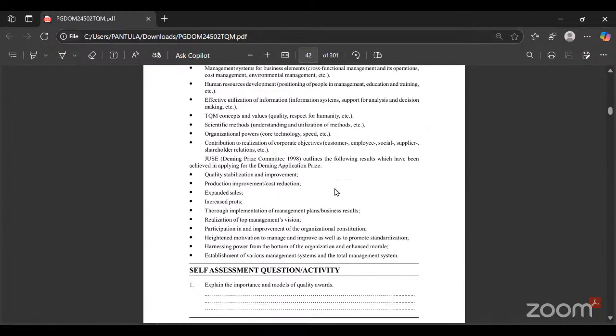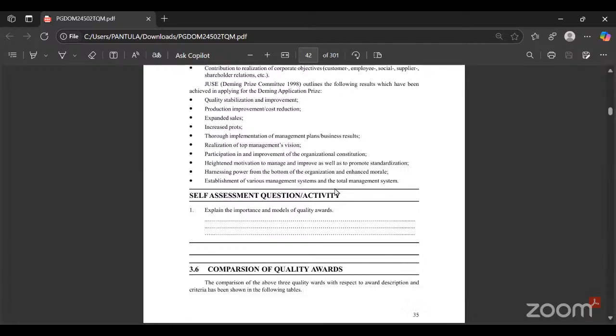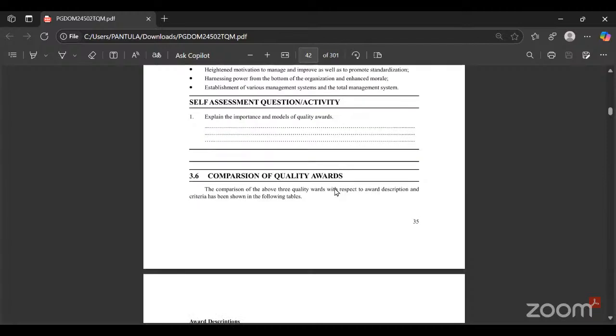So quality, standardization, improvement, production, expanded sales, increased profits, and throughout the implementation of the management plans, business results, realization of top management vision, practicing the improvement of the organization's consistency. So these are the things.